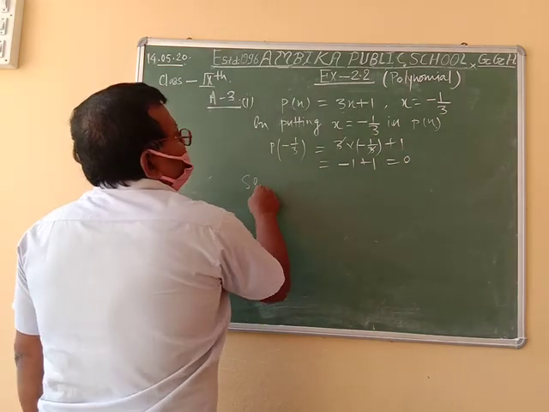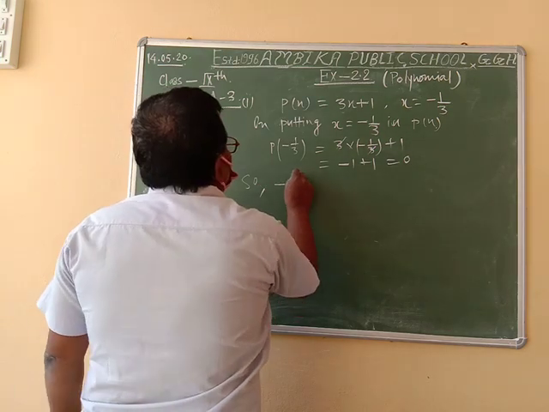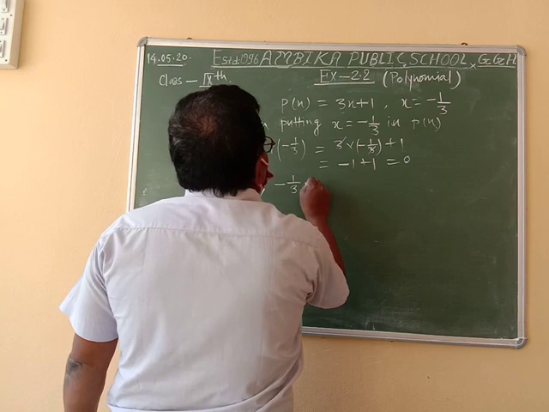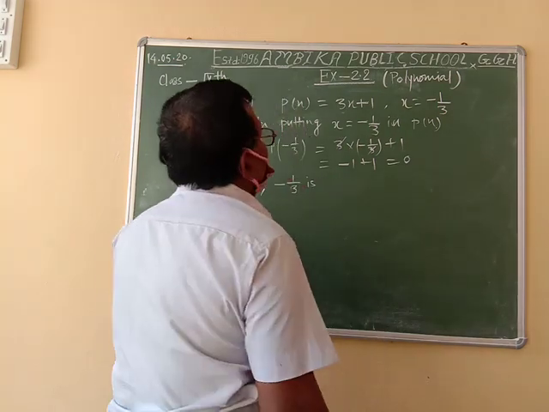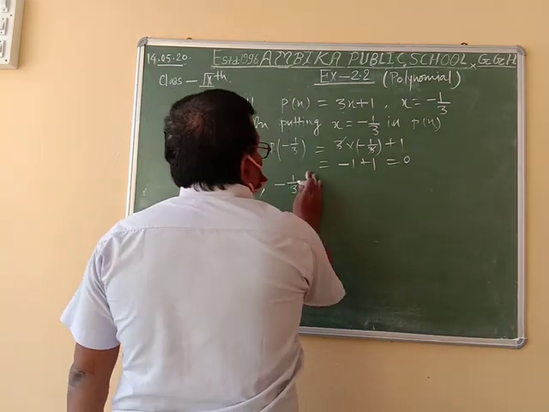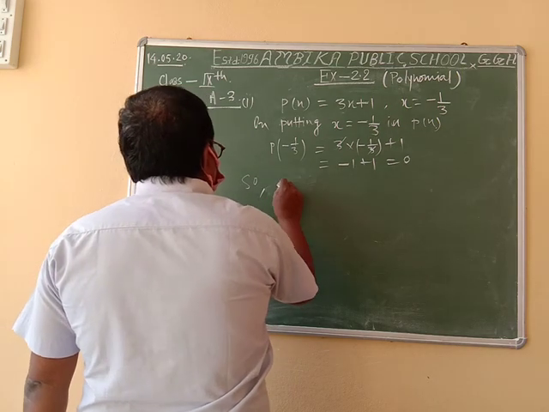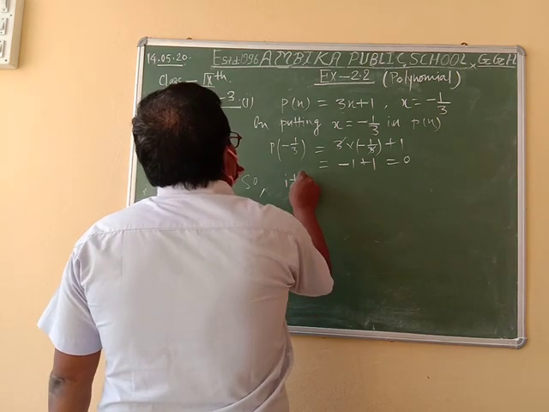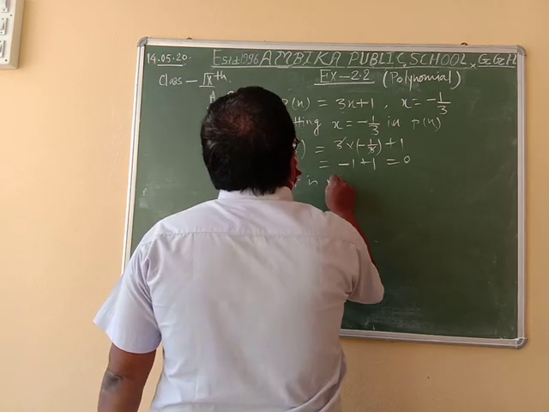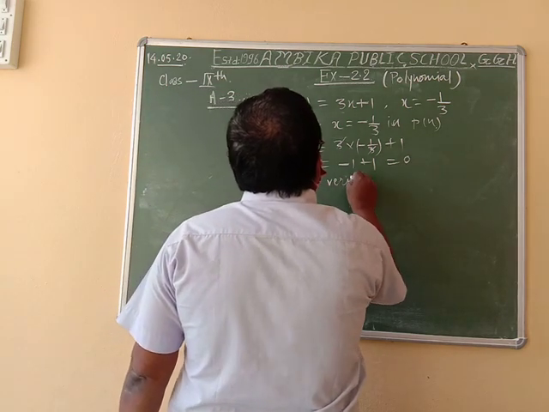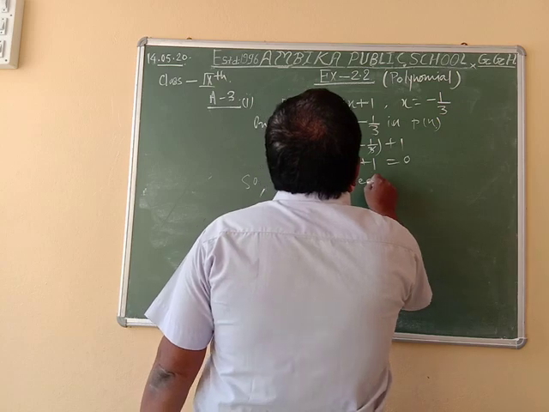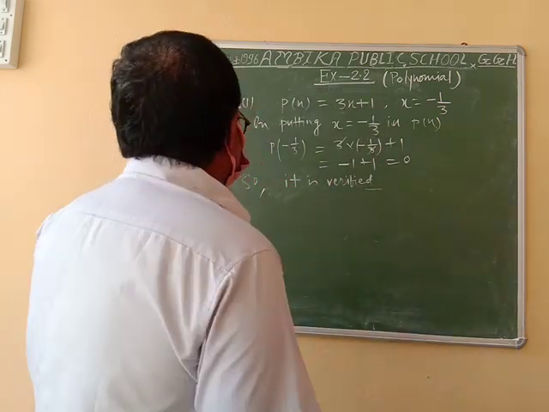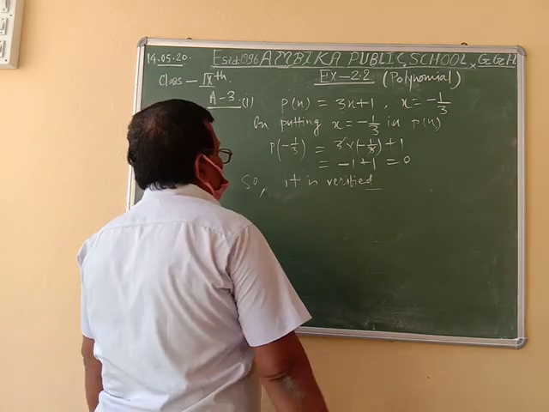So minus 1 by 3 is a zero, it is verified. If the result will not be 0, then it will not be verified.